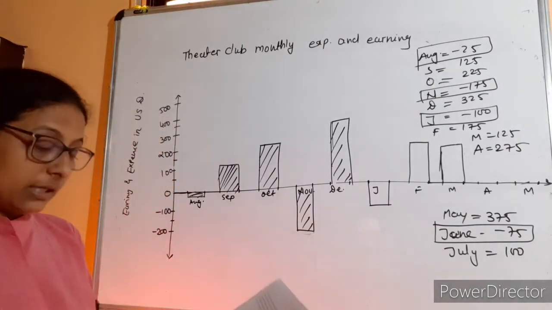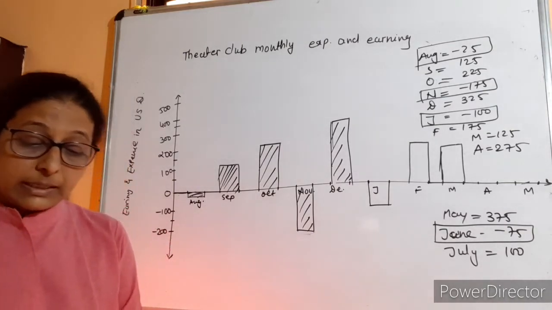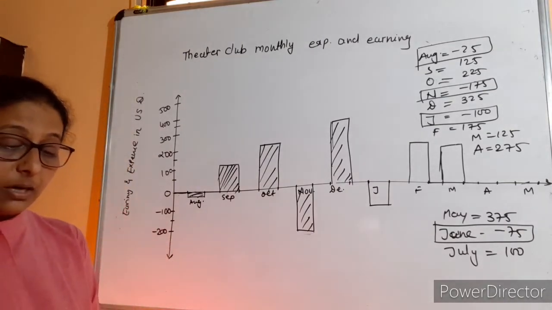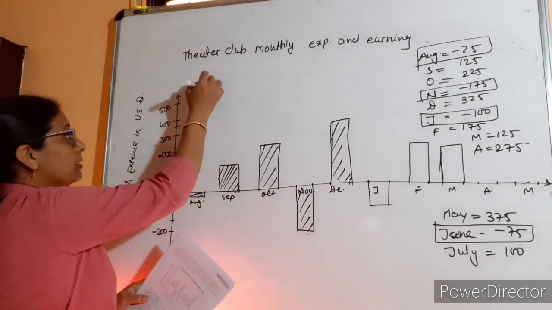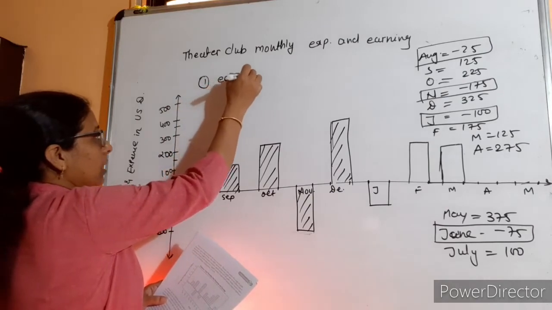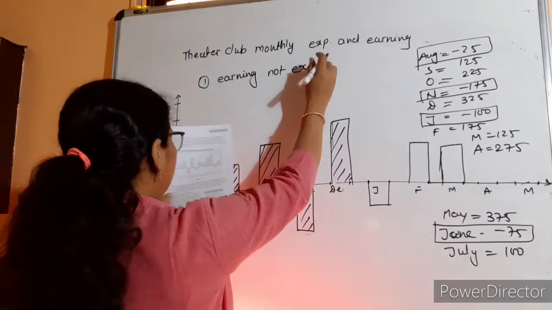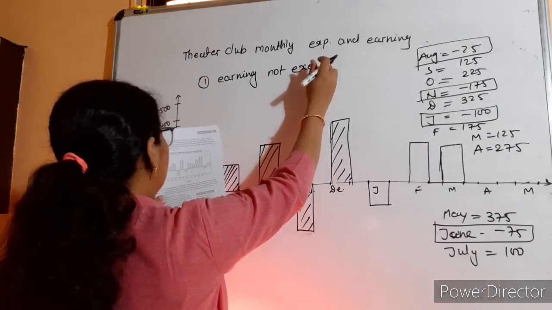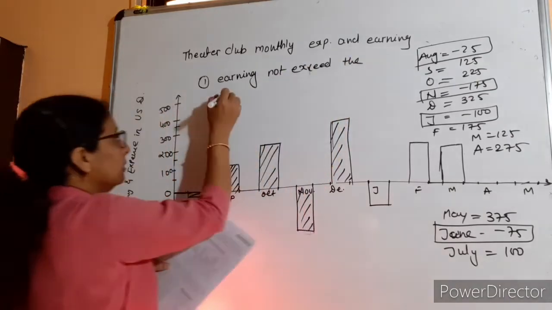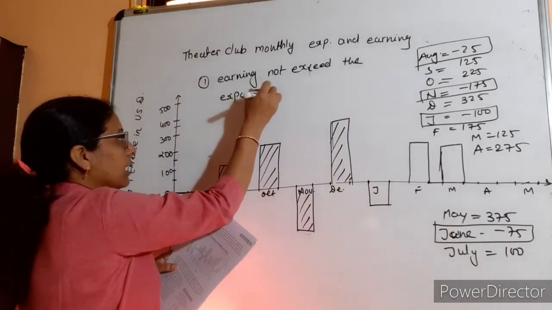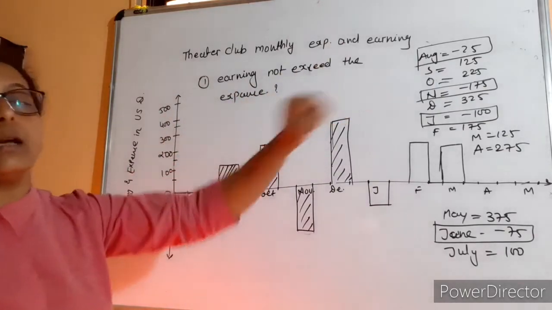Now question number 1 is, during which of the following months did the theatre club's earning not exceed its expense? Which are the months in which earning does not exceed the expense?